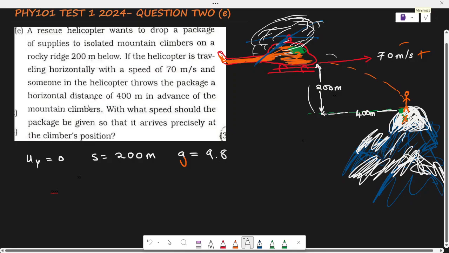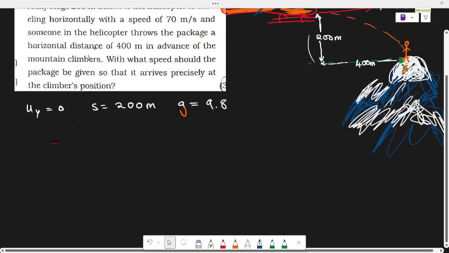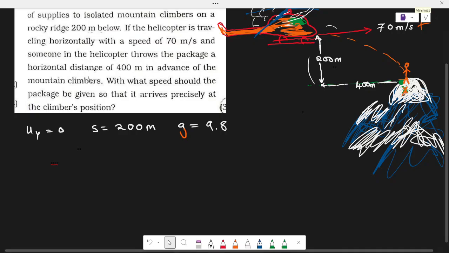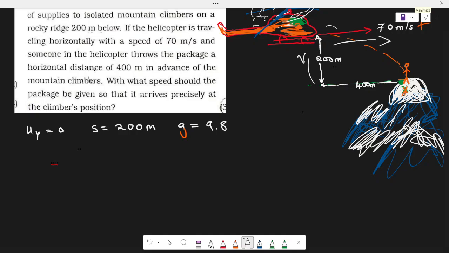So now, which formulas can we employ? We need to find the time taken for this package to drop a distance of 200 meters. Why are we finding the time? Mainly because the time taken in the vertical is also equal to the time taken in the horizontal.